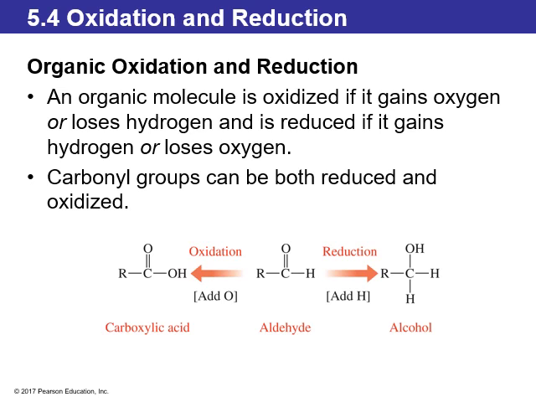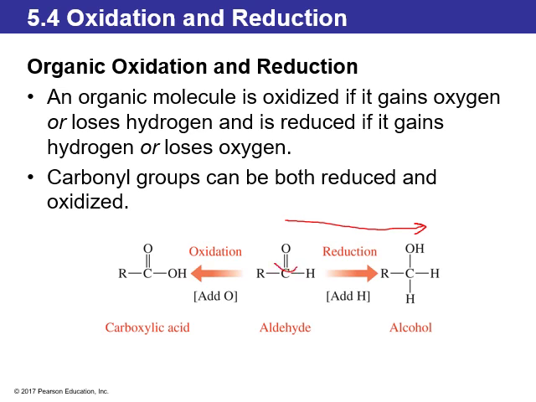So let's take a look at this example down below here. We're going to start with an aldehyde group. That's a carbon with 2 bonds to oxygen, a bond to R, which would be some other carbon-containing part of the molecule, and 1 hydrogen. So we've got 2 bonds to oxygen and 1 bond to hydrogen. If we move in this direction, our reduction would mean that you lose bonds to oxygen.